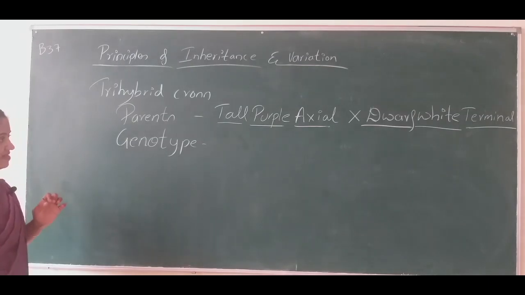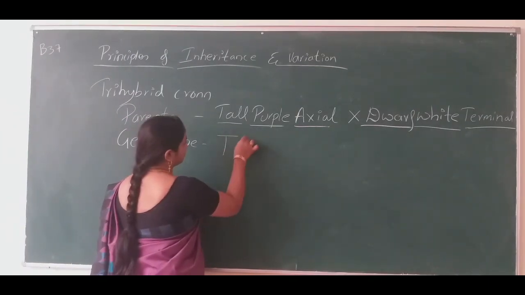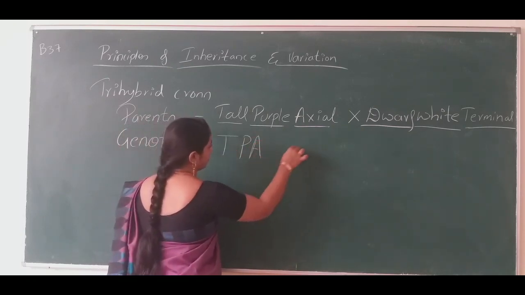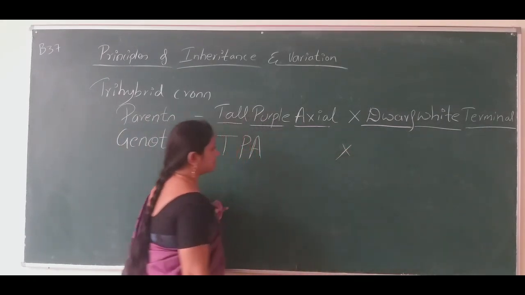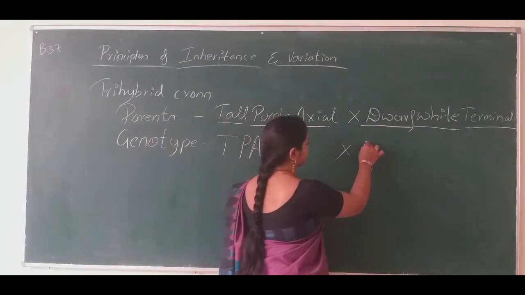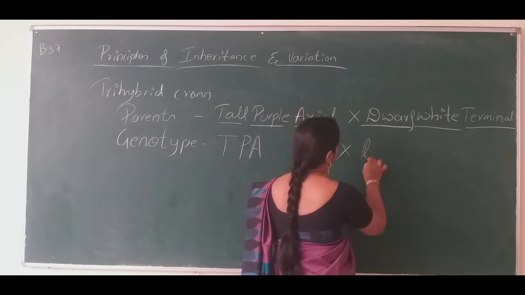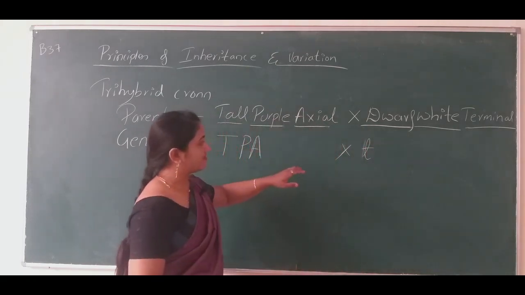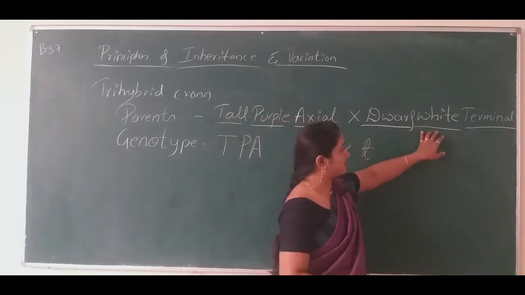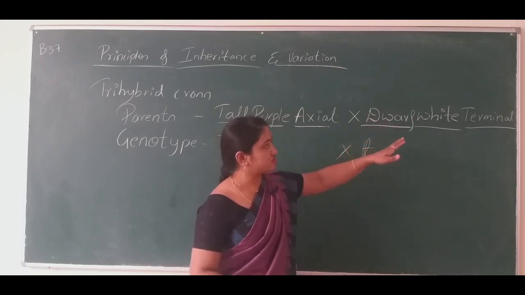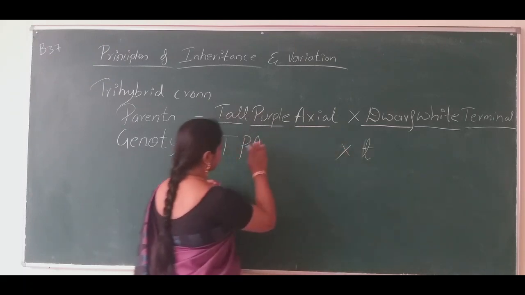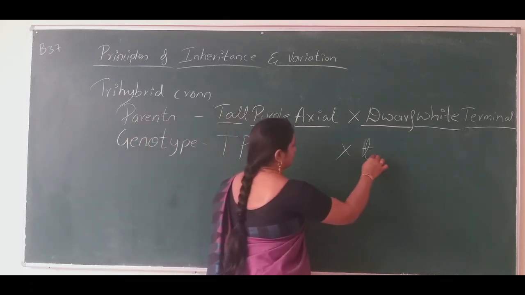So the genotype will be like this: capital P, capital T, capital P, capital A. When it is crossed with the pure line, recessive, homozygous dwarf plant, it will have a short stem length, the flower color will be white, and the position of the flower will be terminal. We are crossing this type of pea plant.